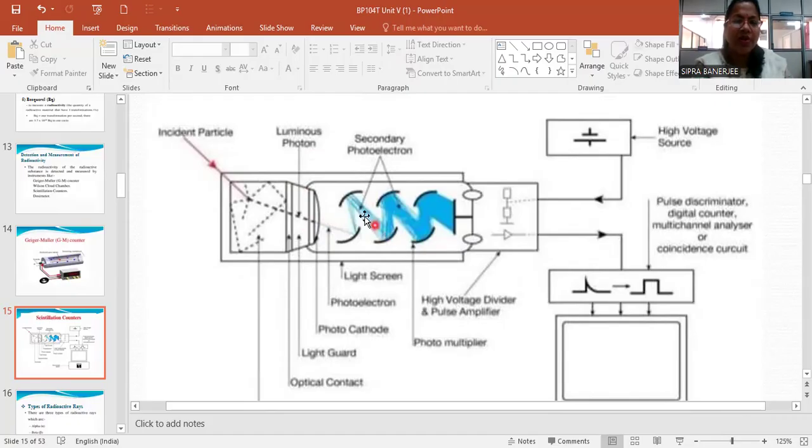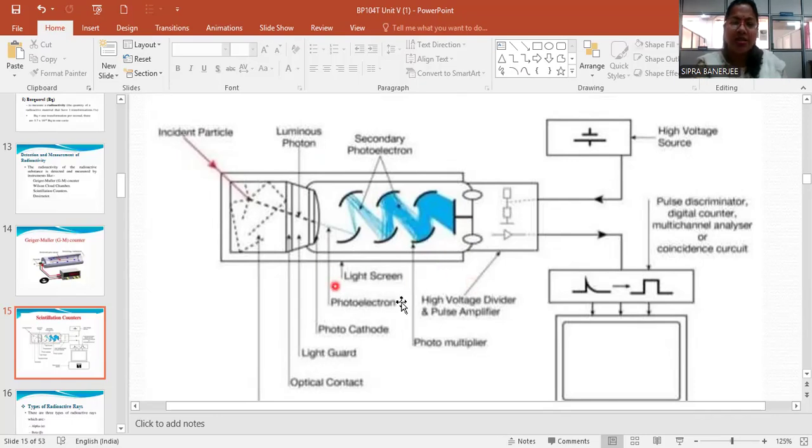Whenever they are reflected through some cathodes and anodes, they will be amplified, giving a larger amount of rays, primary, secondary or tertiary, which will fall upon a detector. Here there will be an instrument, a pulse discriminator or digital counter, like a multi-channel analyzer or coincidence circuit, that will be shown on the computer. That will be displayed through a screen.